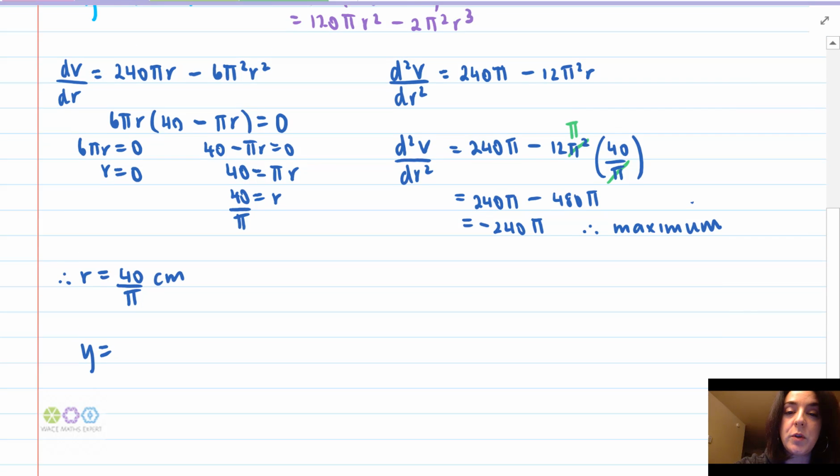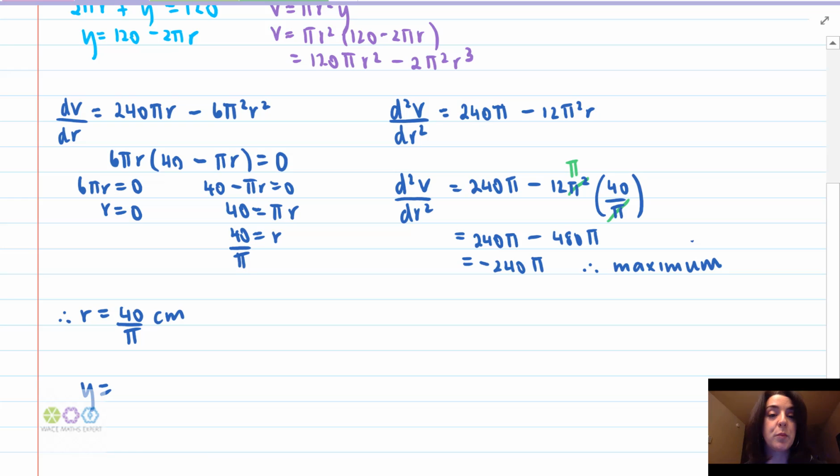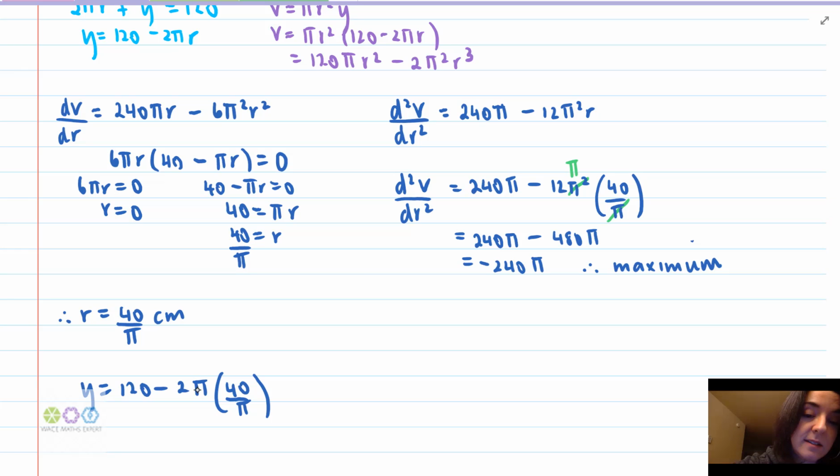And for the length, we just need to go back and look at our expression for y. It was 120 take 2 pi times 40 on pi. Again, the pi's cancel out here. And we just have 120 take 80, giving us 40 centimeters.